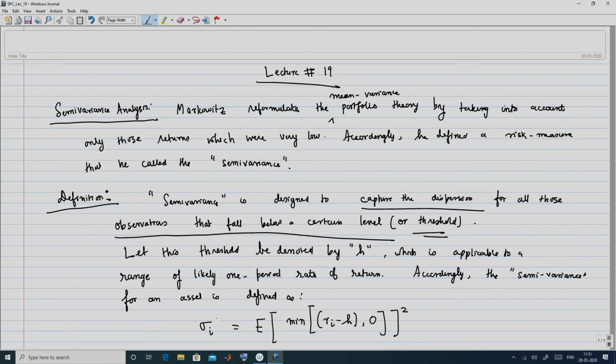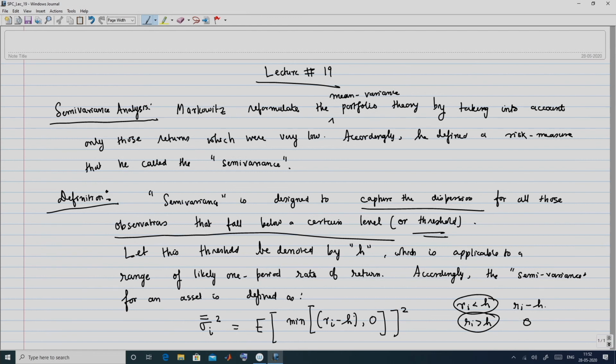We denote this by, so the variance is sigma I square. So, semi-variance will be sigma I square with 2 bars at the top. So, if you observe carefully, the motivation is, if your R I is less than H, that means it falls below a threshold, so we take the dispersion R I minus H, and if your R I is greater than H, then we do not take the dispersion.